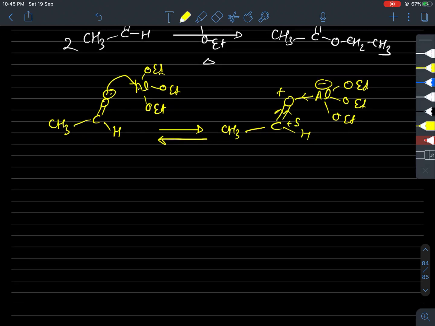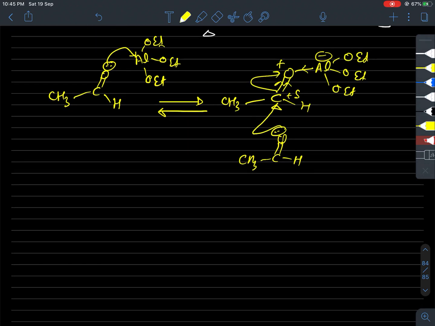Like in the mixture, the other aldehyde molecules which are there will react with this and this bond will move.